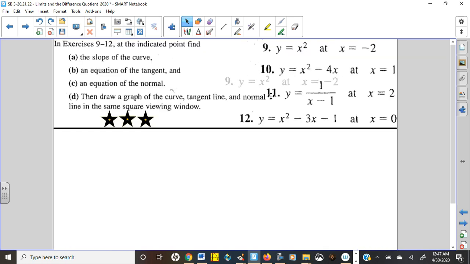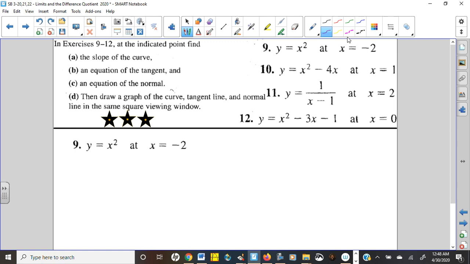All right. So number 9 is all about the tangent slope of x squared at x equals -2. By the way, I'm pretty sure you would all agree with me that a parabola with its vertex right at the origin is always going to have negative tangent slopes as we come down, and then those tangent slopes are going to start moving up as it starts to increase.